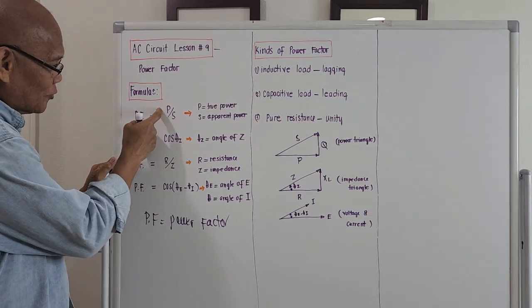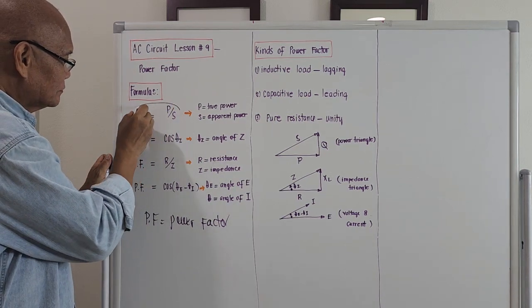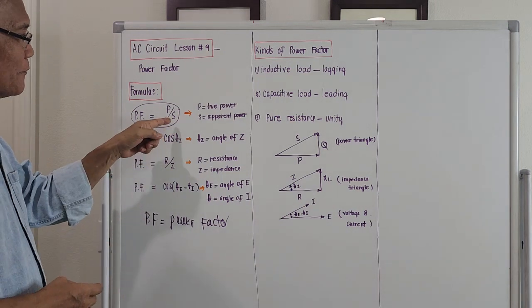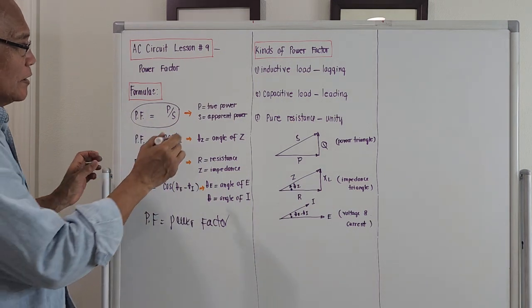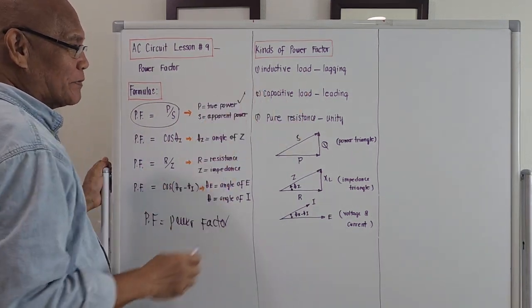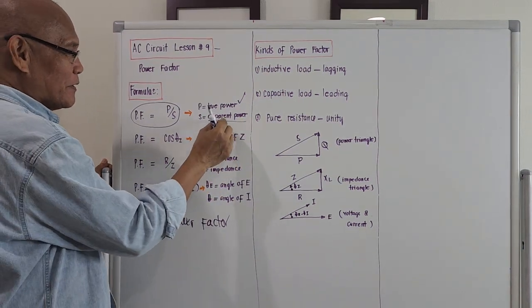Power factor is the ratio of the true power over apparent power. True power, this is the one we used to pay on the utility companies. And apparent power, we are not paying for this one.